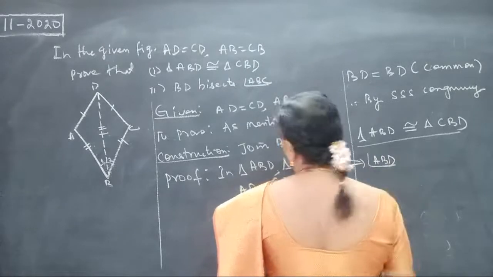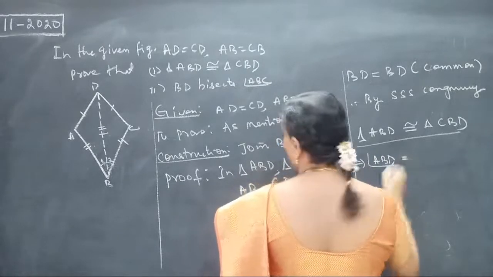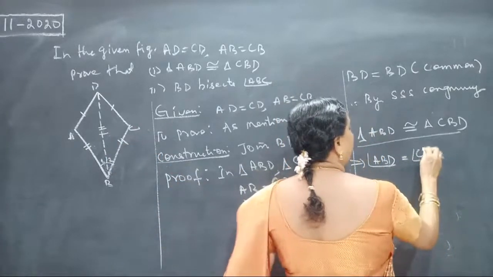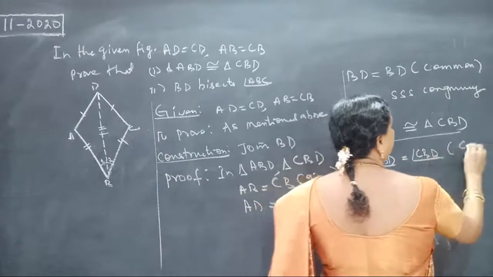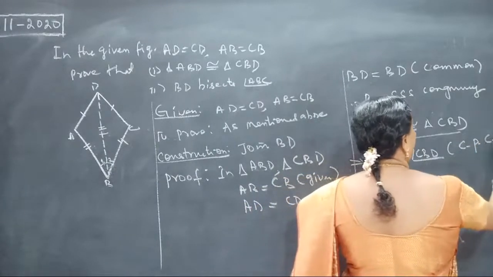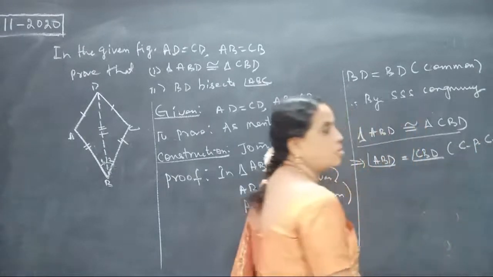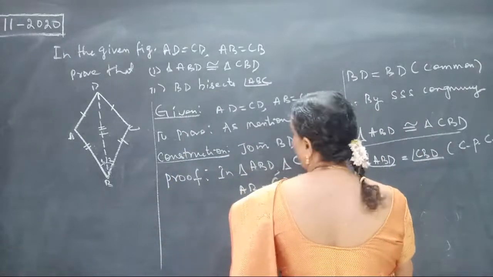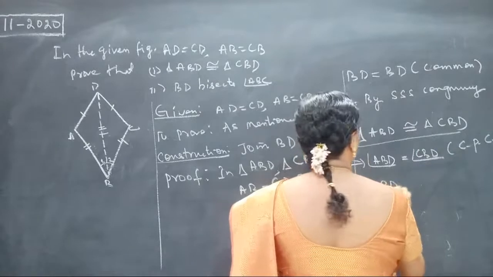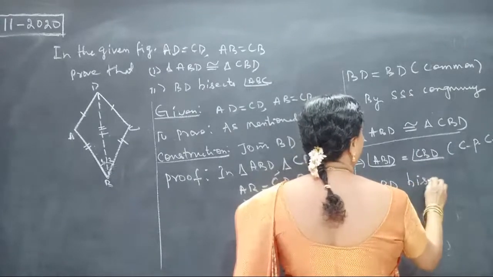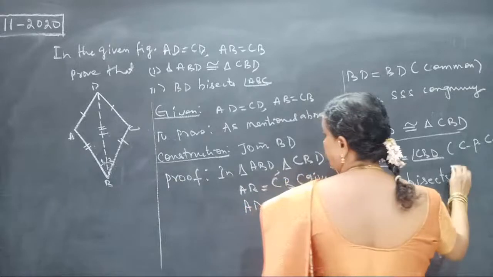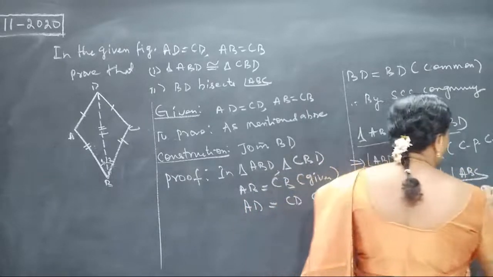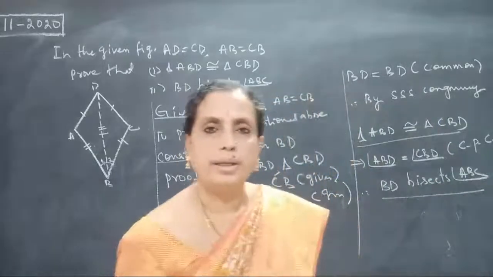I named it as 1 and 2 for your convenience. Angle ABD equals angle CBD. They are the corresponding parts of congruent triangles. Therefore, BD bisects angle ABC. Hence the result.